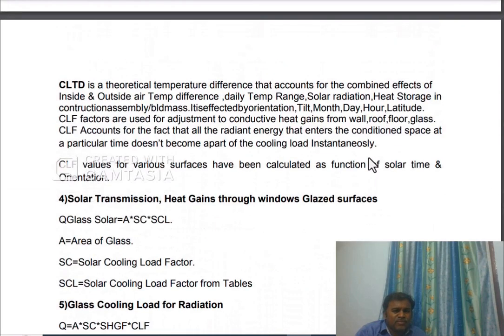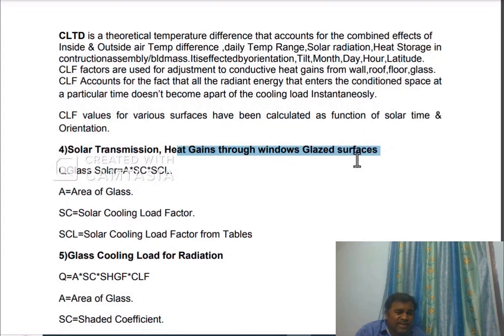See here, the solar transmission heat gains through window glazed surfaces. So Q solar glass is equal to A into SC into SL. A is the area of glass, SC is the shading coefficient, and SL is the solar cooling load, which you can take from the tables.